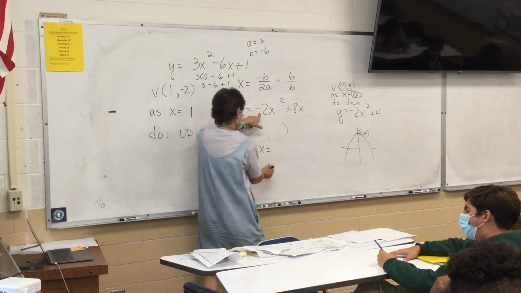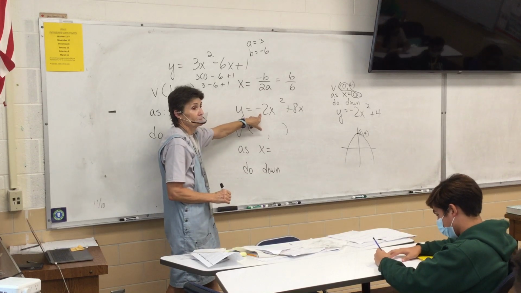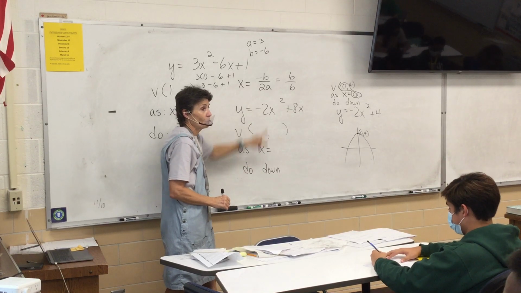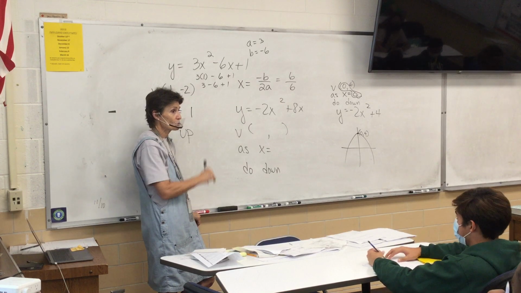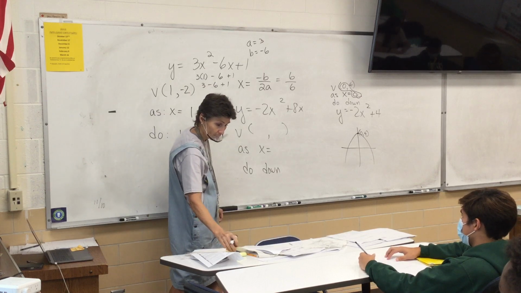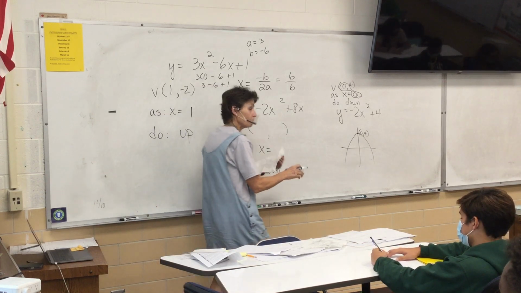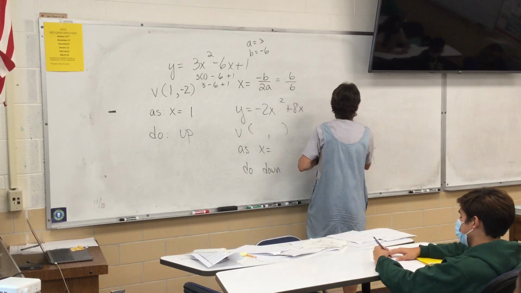Down? Everybody okay with down? Now, where do we go from here? Who remembers what we did on the last one? Look at the last one. What do we have to do? We have to do our formula, which is negative b over 2a.